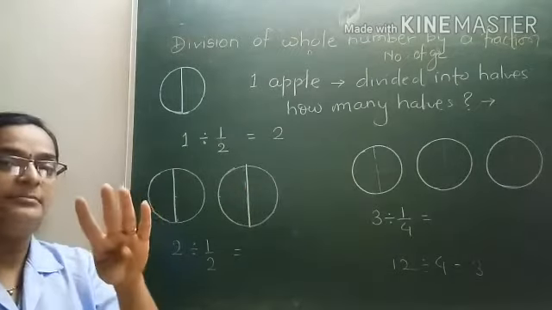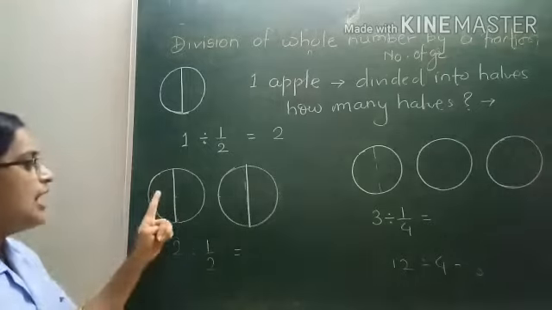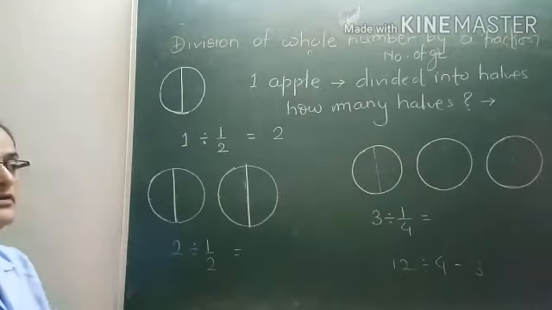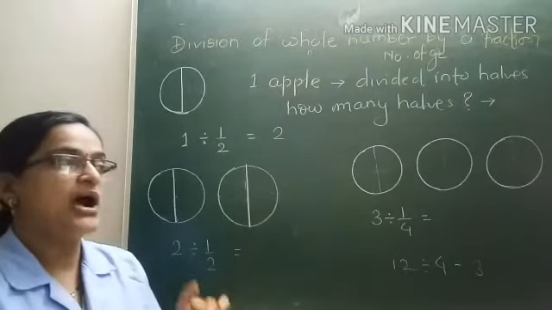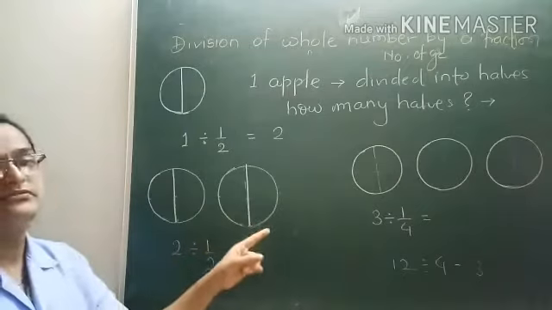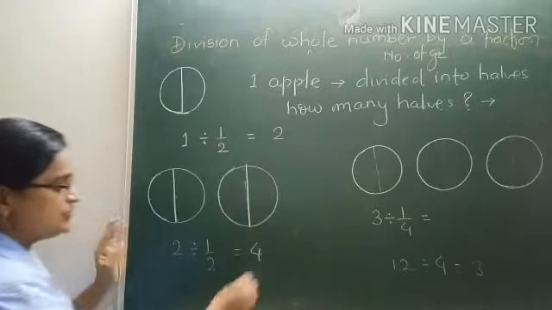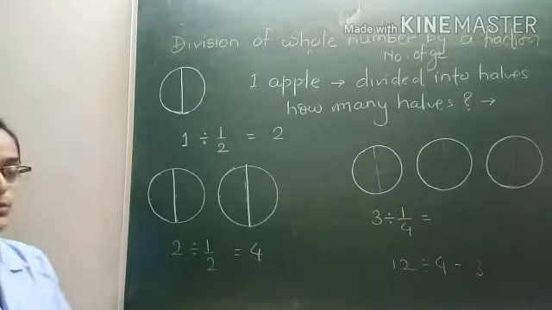I can give it to 4 children. 1, 2, 3 and 4. So this answer I am going to get: 2 divided by half is equal to 4.